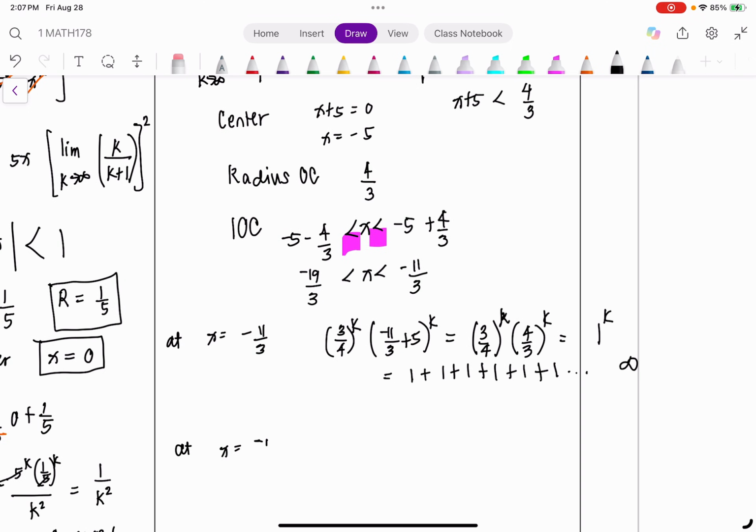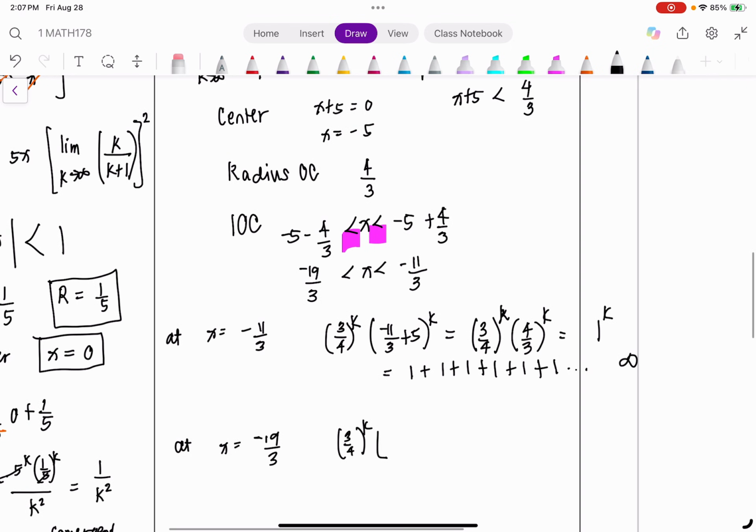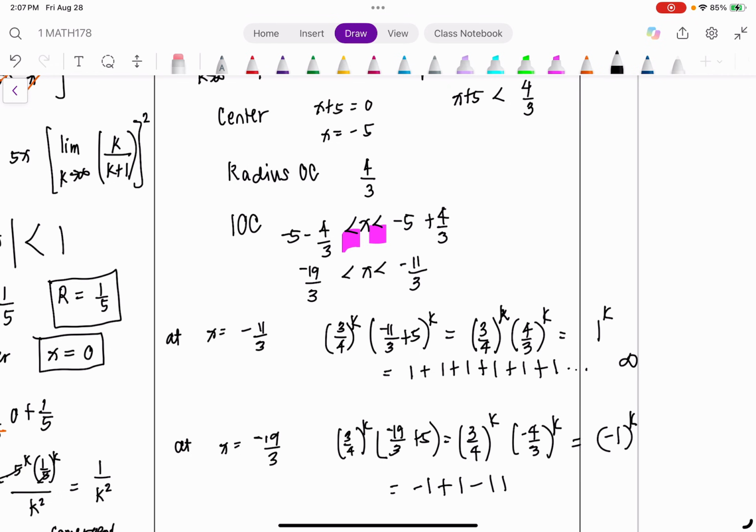At x equal to negative 19 over 3, we have 3 over 4 raised to k times negative 19 over 3 plus 5, so 3 over 4 raised to k times negative 4 over 3 raised to k. So this would be negative 1 raised to k. So it would be negative 1 plus 1 minus 1 plus 1 minus 1 plus 1.